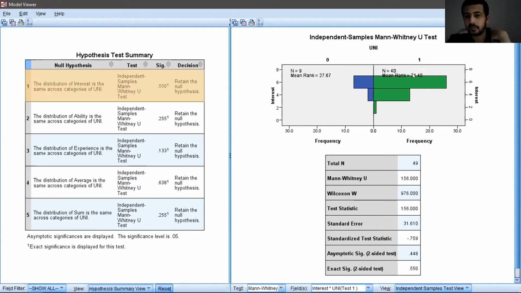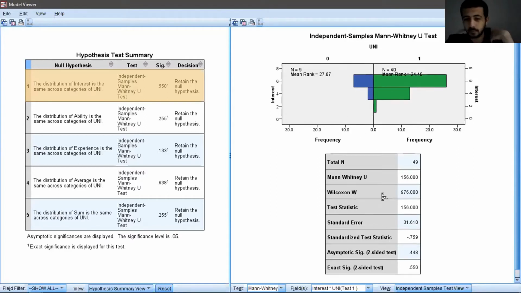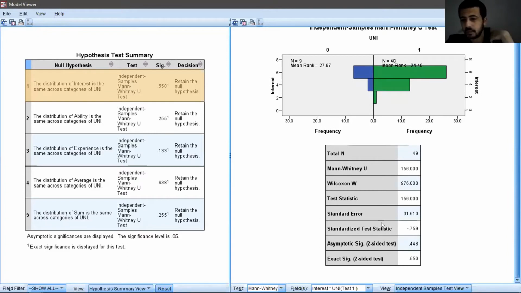If the distribution here is similar to the distribution here, then they have the same kind of distribution, right skewed, positively skewed, or negatively skewed, and so on. And here you have the numbers, the same numbers that we had in the Mann-Whitney test that was done manually. I will move on to another test if that is okay.